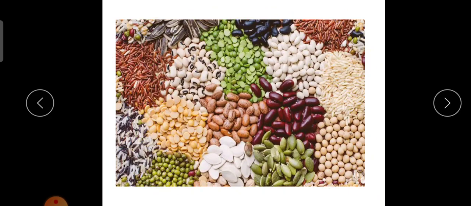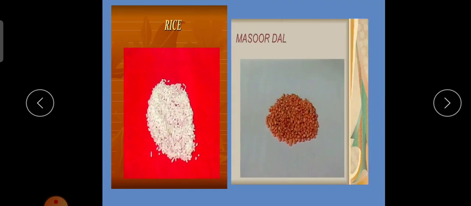Another function of seed: so many seeds are used as a food source. Living organisms use these seeds as a food source, and also from different kinds of seeds the oil is extracted, and the oil is used for many purposes.